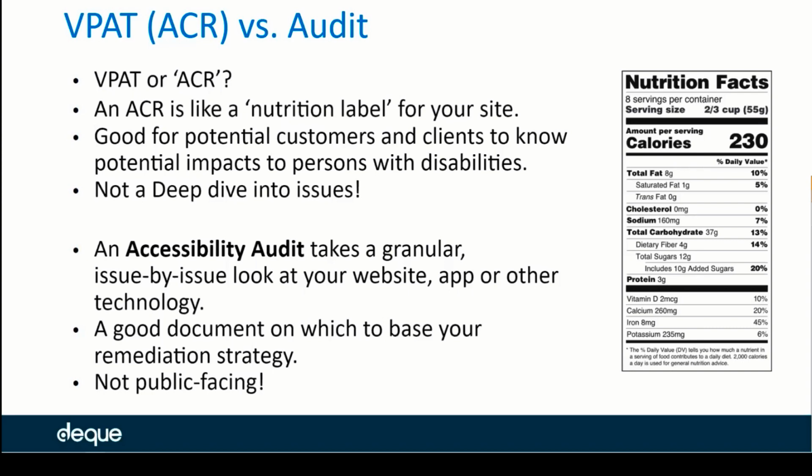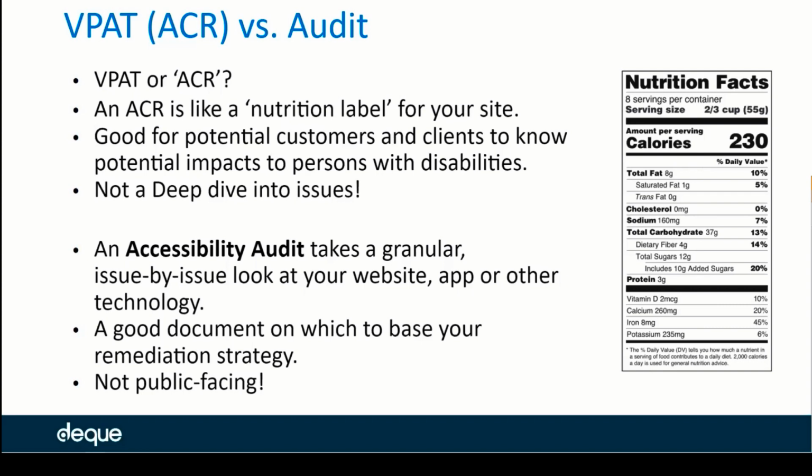Now, the difference between an ACR and an audit is that an accessibility audit takes a granular, issue-by-issue look at your website, app, or other technology and dives really deep. This is the one that generates all of the issues that talk about where this issue is occurring, what piece of code has the problem, and what the fix needs to be.